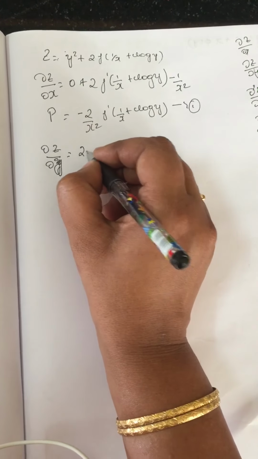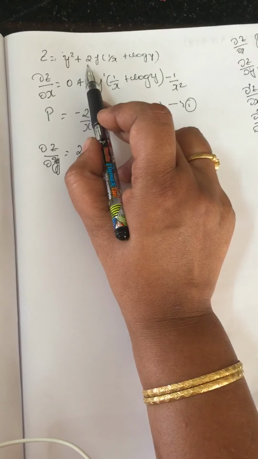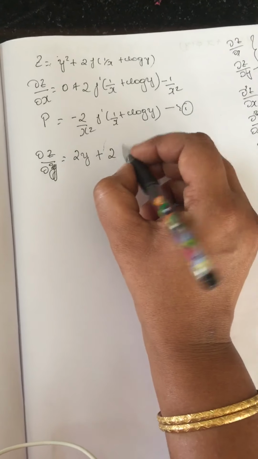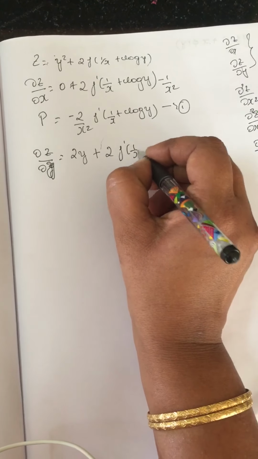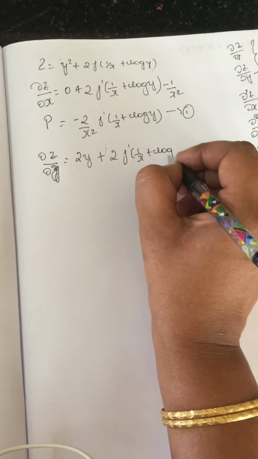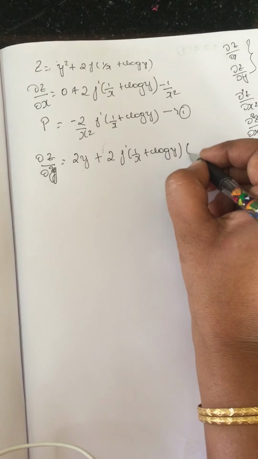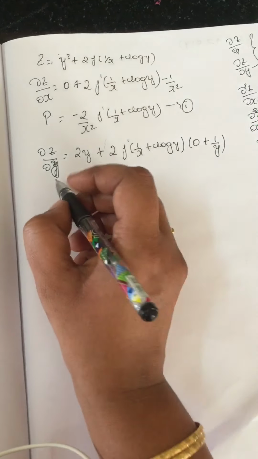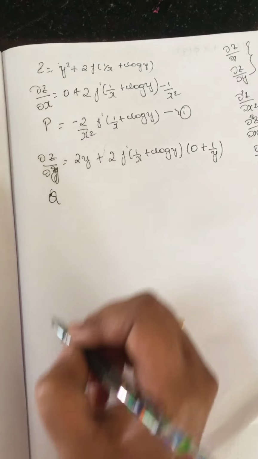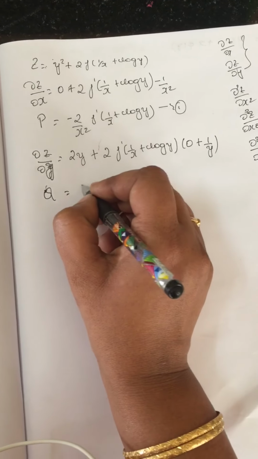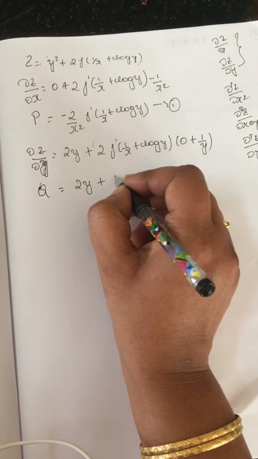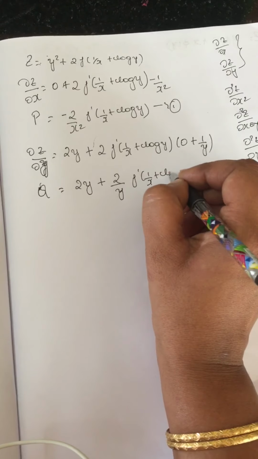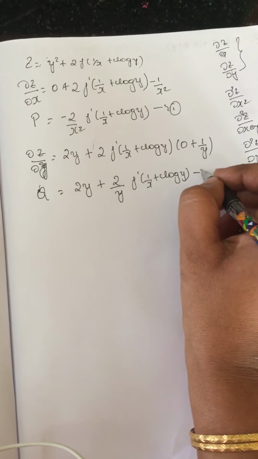The derivative of y² is 2y, plus 2 is constant, times the derivative of the function f'(1/x + log y), into the derivative of 1/x, which is 0, plus the derivative of log y, which is 1/y. So ∂z/∂y can be written as q = 2y + (2/y) f'(1/x + log y). Call it equation number 2.